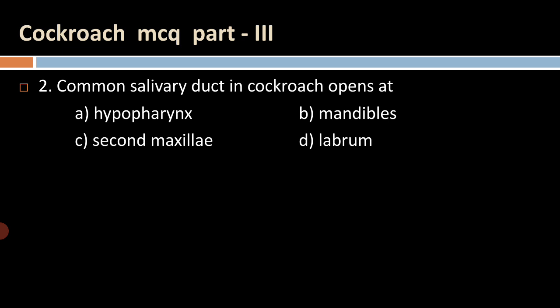This common salivary duct opens where? A. Hypopharynx. So in the hypopharynx region this common salivary duct opens in case of cockroach.